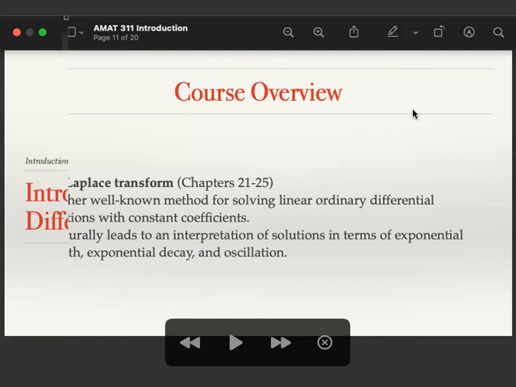So by using the Laplace transform, it is relatively straightforward to tell whether the solution of the equation has exponential growth, exponential decay, or oscillation, or some combination of these. And these are the three main possible behaviors of solutions to linear ordinary differential equations with constant coefficients.